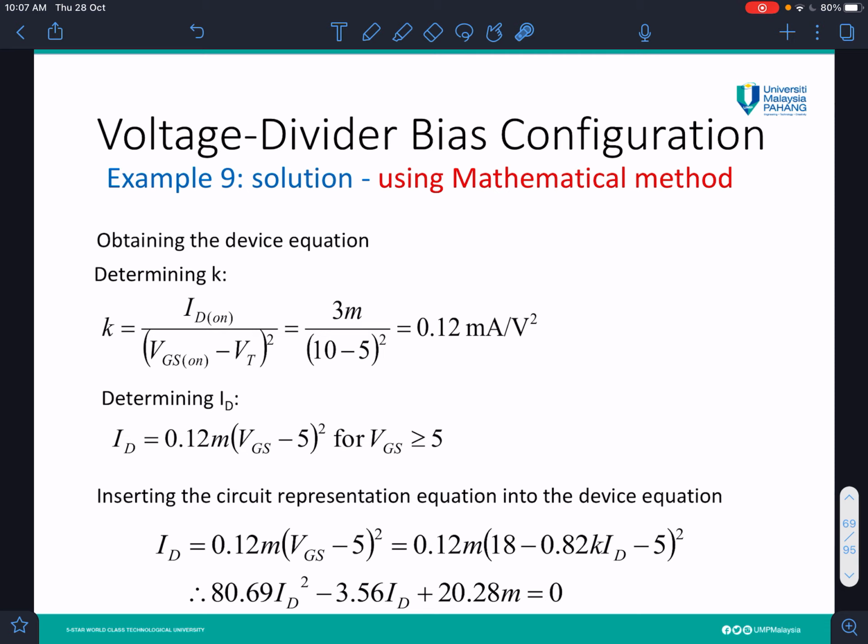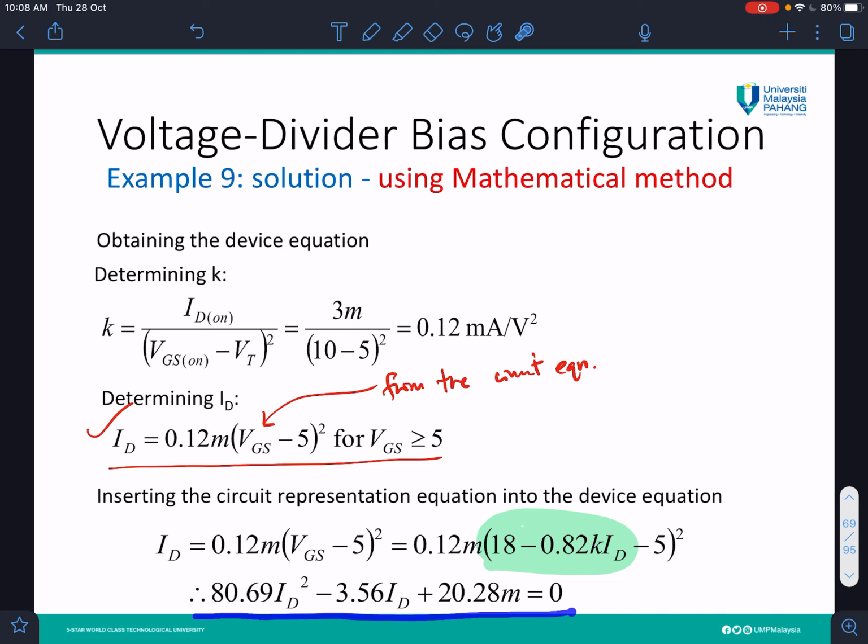Remember that we need to solve this equation to get the ID. We get our VGS from the circuit equation, so you insert the VGS. Then you calculate and expand, and from this, the final answer.